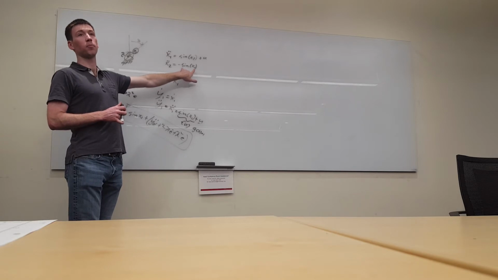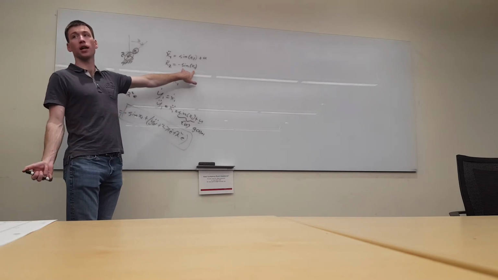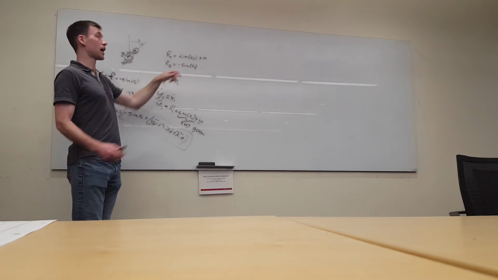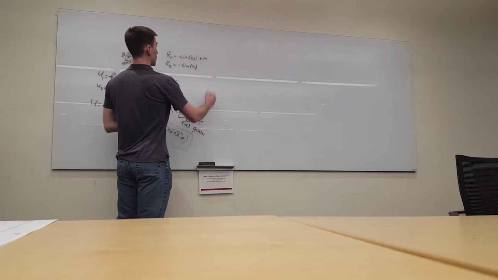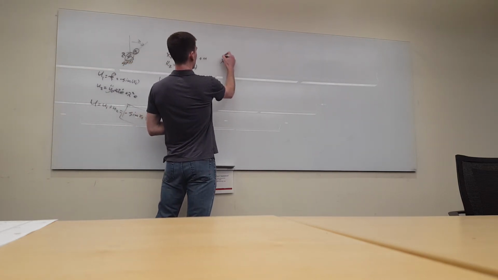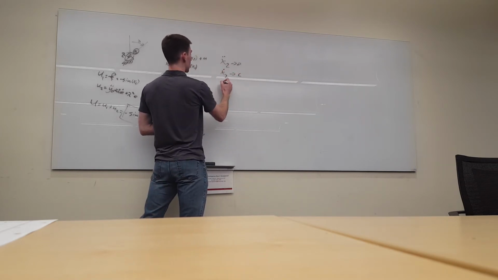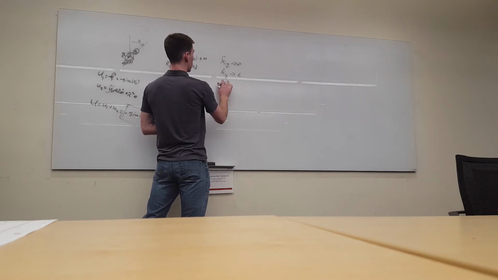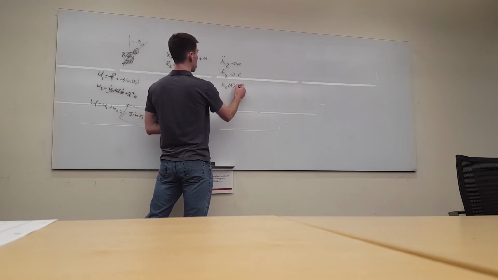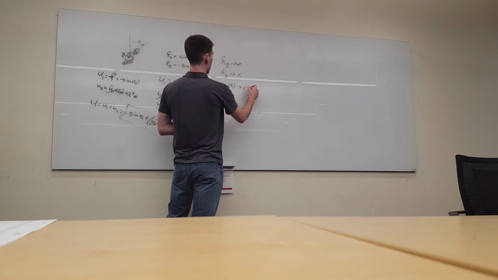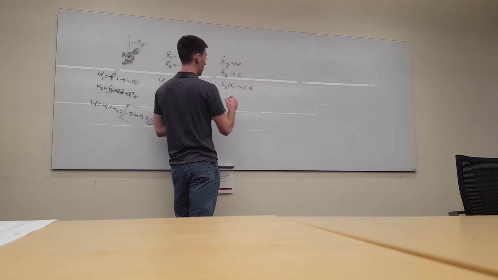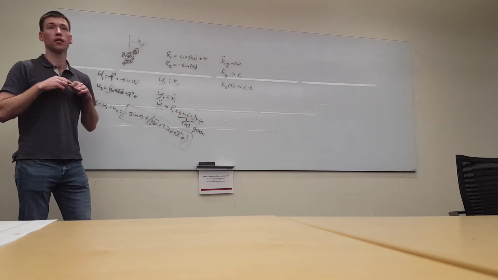But it will have been non-zero for some time before then. So x2 double dot goes to 0, x2 dot goes to constant, x2 of t goes to constant times time, right?